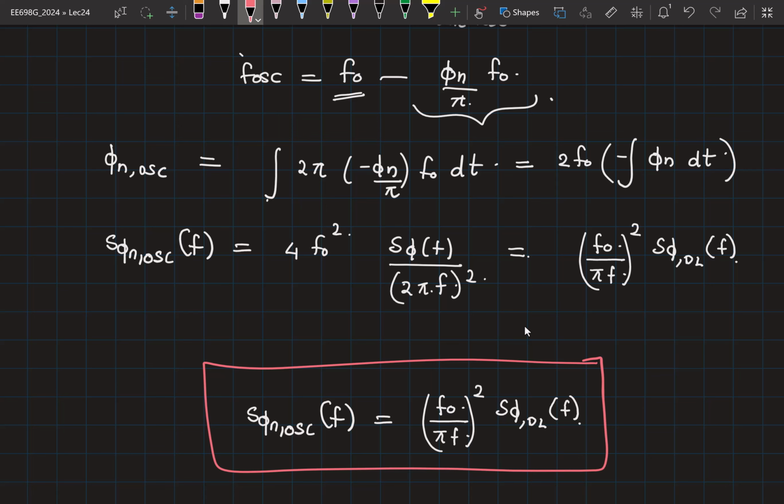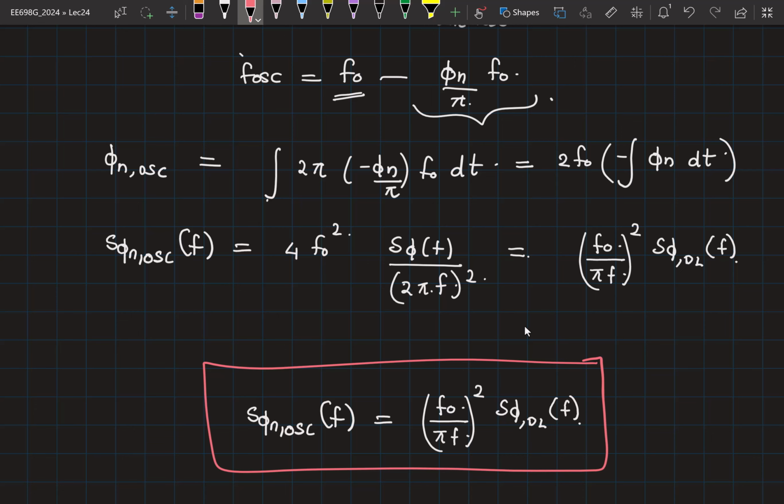The full shaping function is F naught by pi f the whole square. So if you started with white noise, you end up with a 1 by f square noise profile. What is happening is you start with some profile at the delay line. Frequency noise at the output of the oscillator has the same profile. To get phase noise, you integrate it, because of which you get a 1 by f square function. This is okay? Okay, very good.